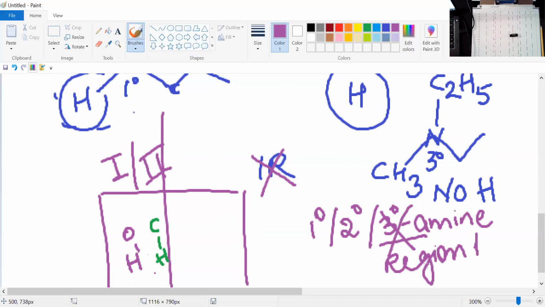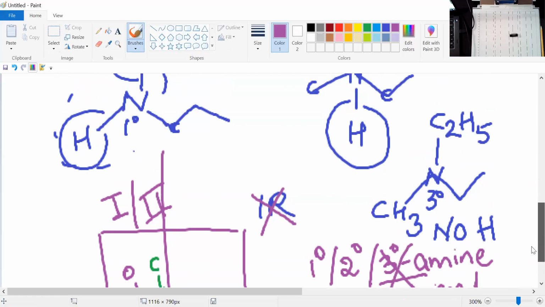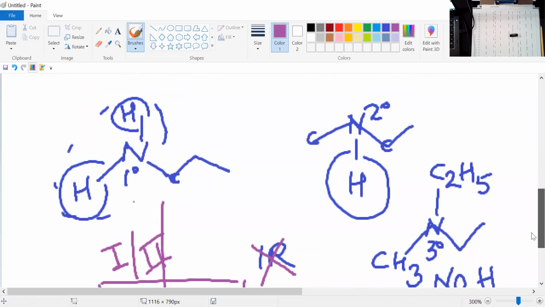The rest of the regions for the tertiary amine, a secondary amine, and a primary amine in these examples shown here will be exactly the same. Why?